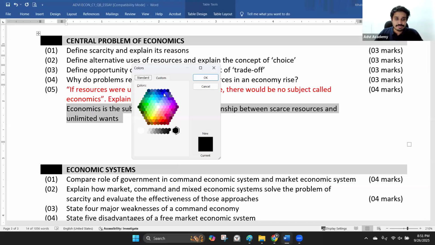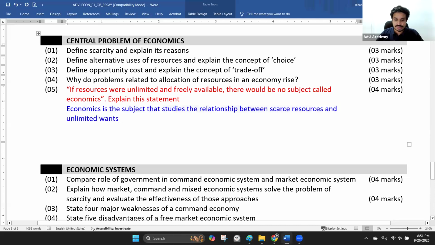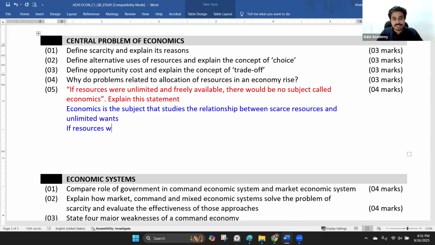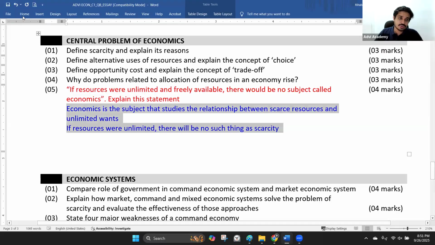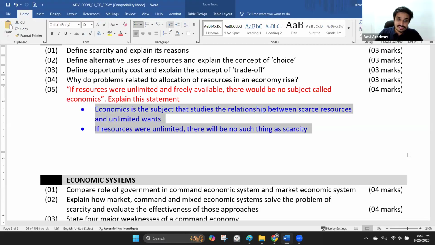So if economics is the subject that studies the relationship between these two, what will happen if all resources were unlimited? If resources were unlimited, there will be no such thing as scarcity. Agreed? And if there is no such thing as scarcity, there is no requirement for economics also.